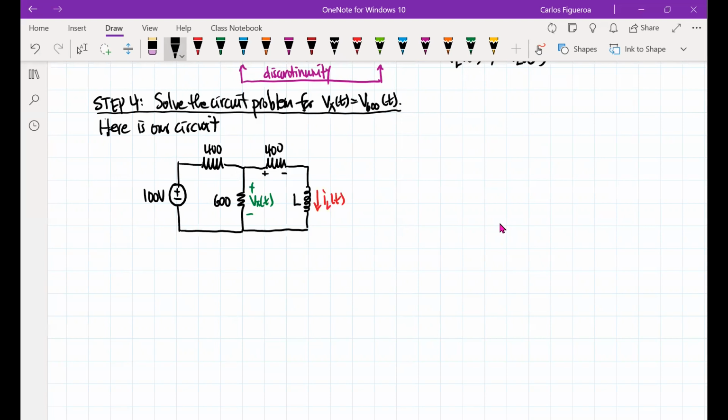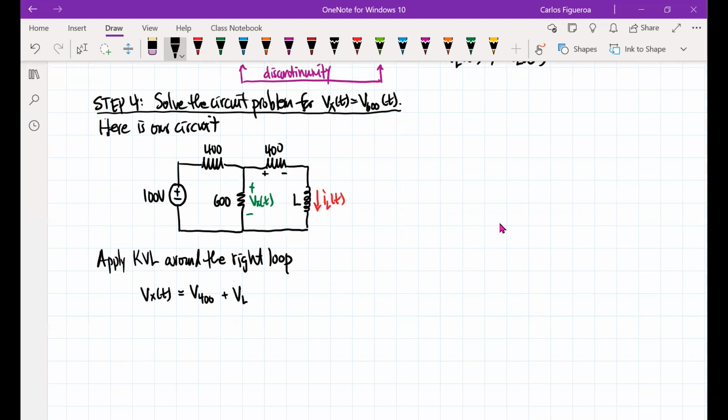I'm going to apply KVL around the right loop. If I do that, note that Vx is then going to be the voltage across the 400 plus the voltage across the inductor.